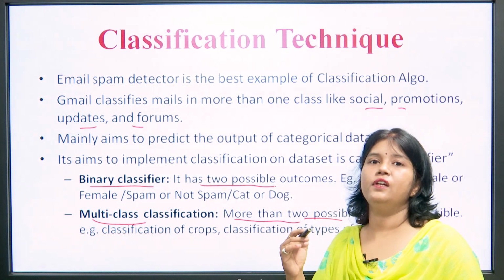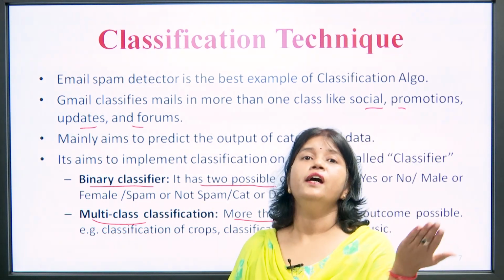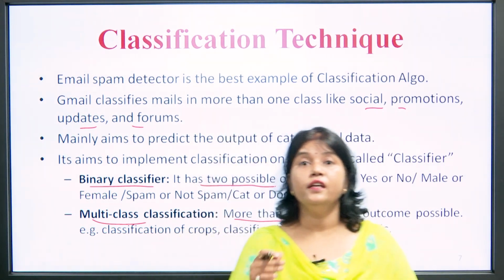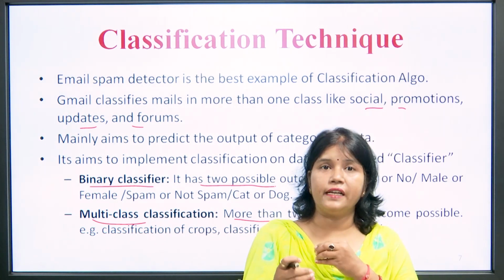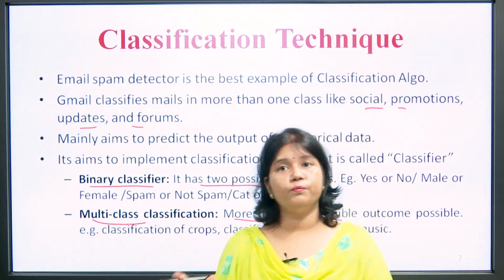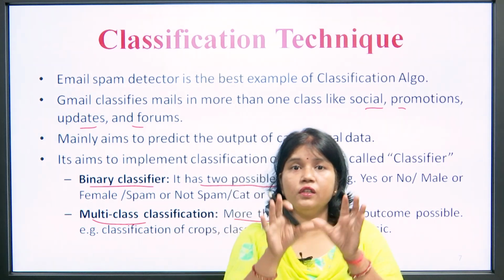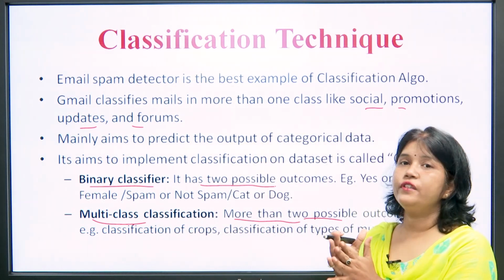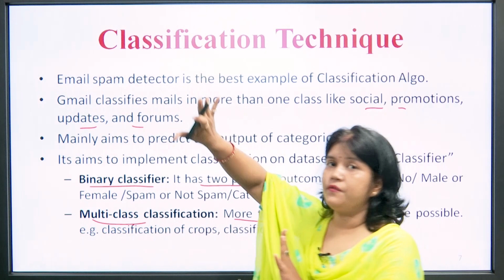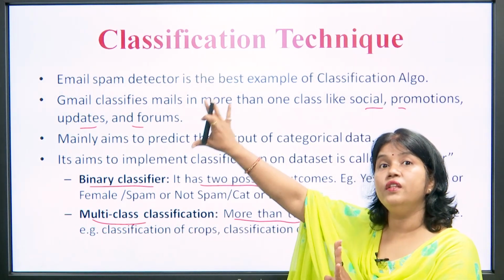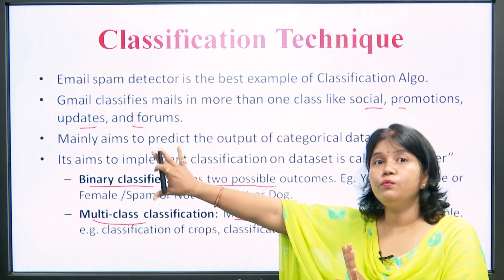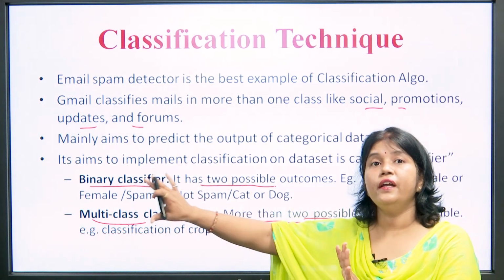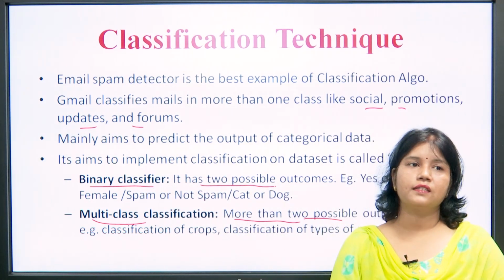In which category will it lie? As the name suggests, binary classifier and multi-class classifier: yes or no, male or female, whatever you just want to differentiate. So, classification techniques basically work with two types of classifier, binary classifier and multi-class classifier.